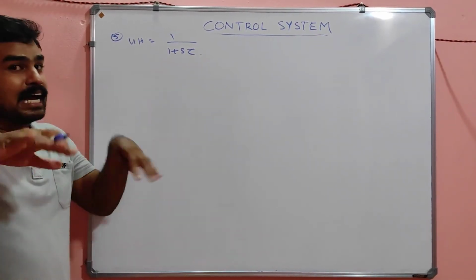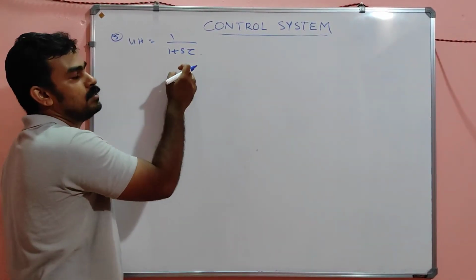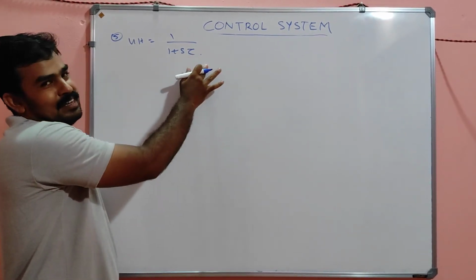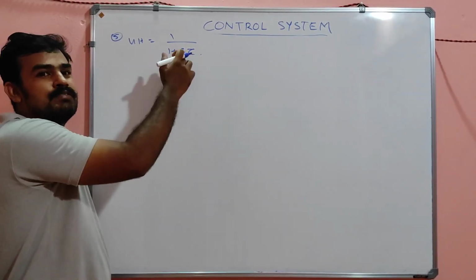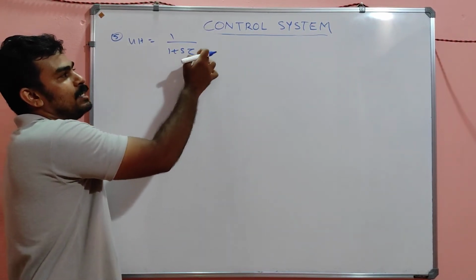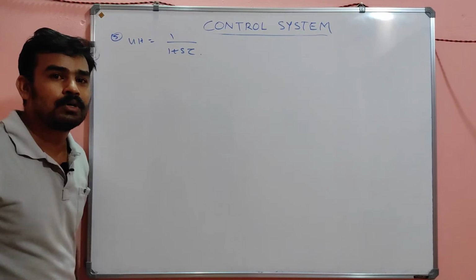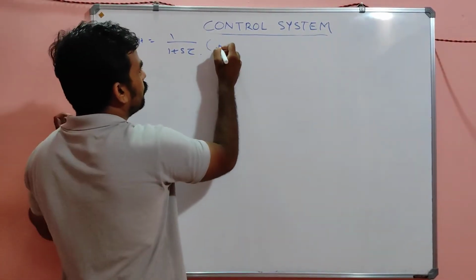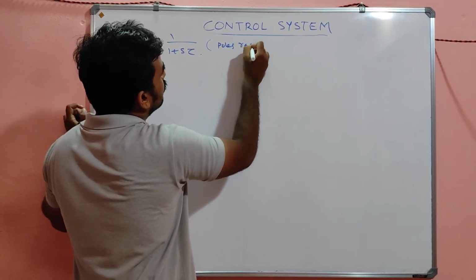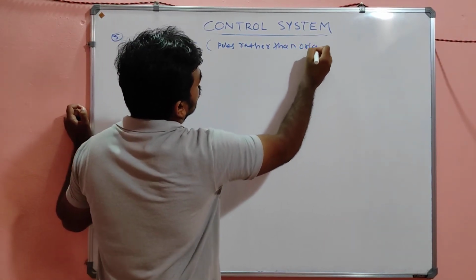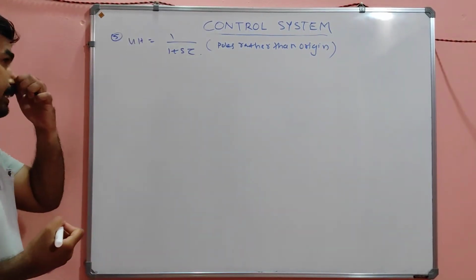Now rather than origin, 1 plus S2 means there are poles, but not at the origin. 1 plus S2 equal to 0 means S is equal to minus 1 by 2. So the minus 1 by 2 pole may exist, not at the origin. That is the general case we are going to discuss.